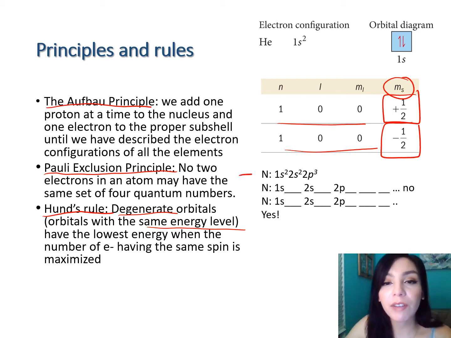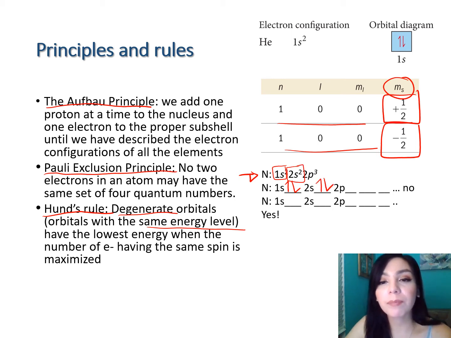So here we have an electron configuration for nitrogen. The way that we fill is you fill the orbital as much as possible. So here we have 1s2, so I'm going to fill that one first. I filled 1 electron so far, and then I'm going to fill that second one. Next I'm going to fill the 2s2, and then finally, how do I fill these last 3 in these 2p orbitals?